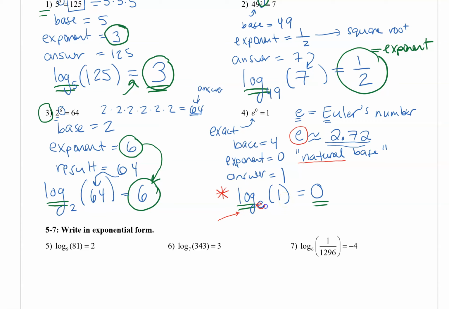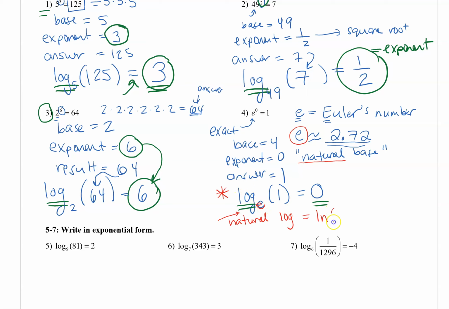Whenever you have a log base e, we think of that as the natural log, because it's the log of the natural base. And the Latin for that was Logarithmus naturalis. ln is the Latin version of natural log, and ln means the same thing as log base e.